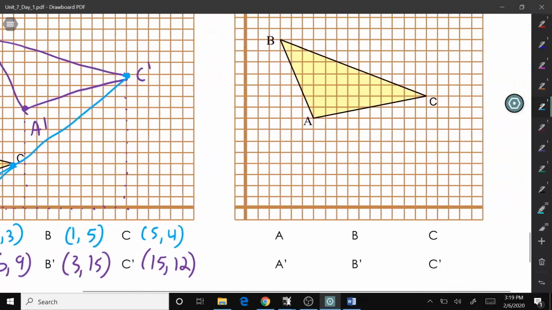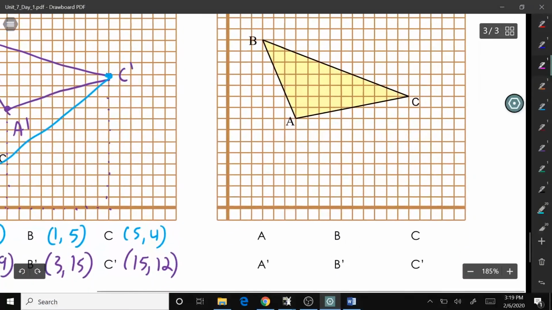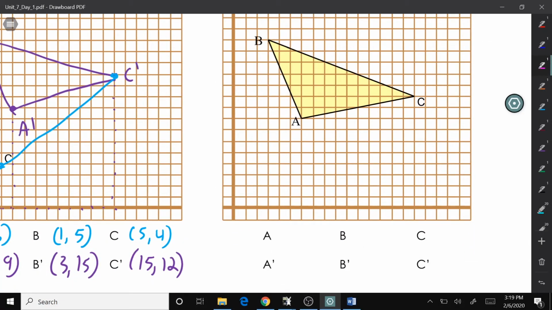So now let's look at example number 2. This one says a scale factor of 0.5 from the origin. So after we get our coordinates, we're going to multiply each value by 0.5. So A is (6, 9).